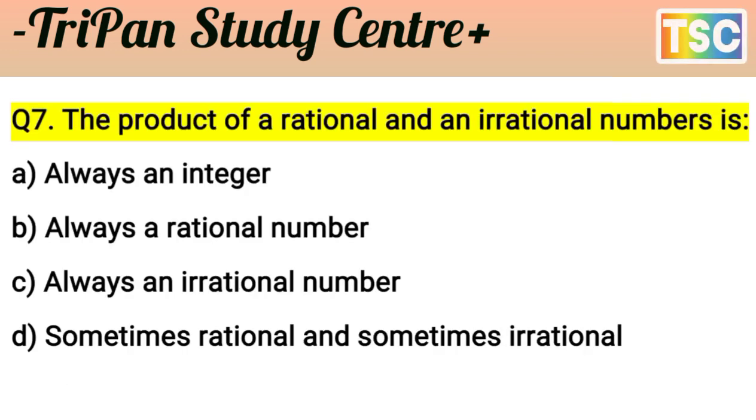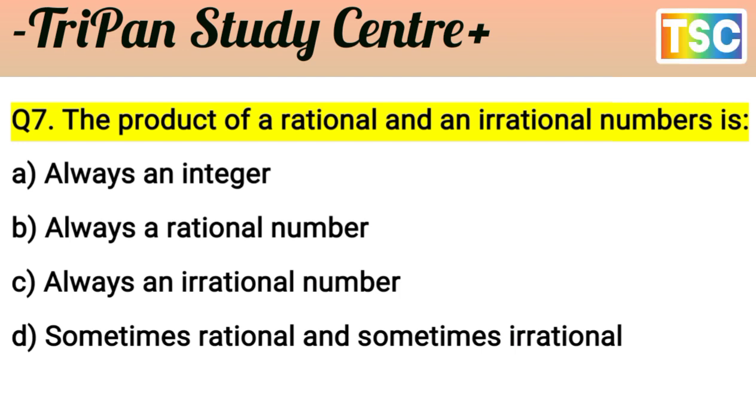Next, the product of a rational and irrational number is. You know the question is clear. The product of a rational and irrational number is: A, always an integer. B, always a rational number.